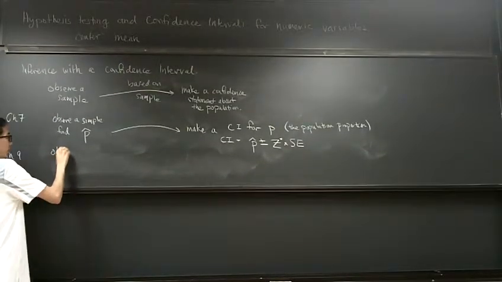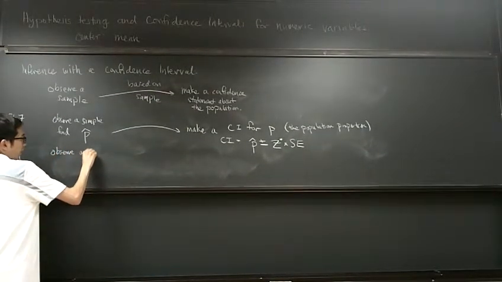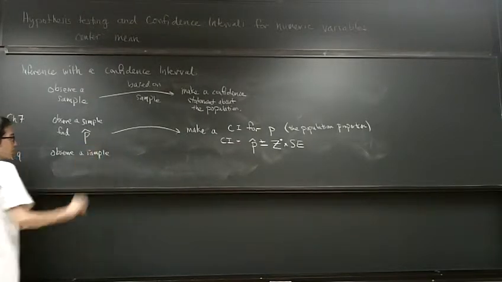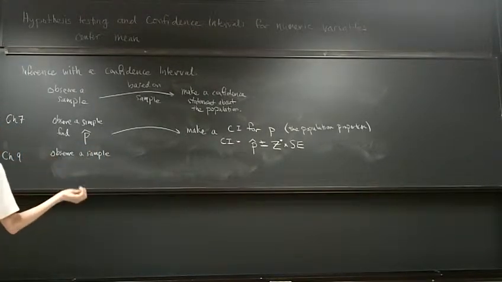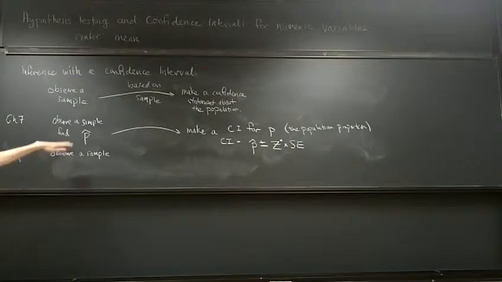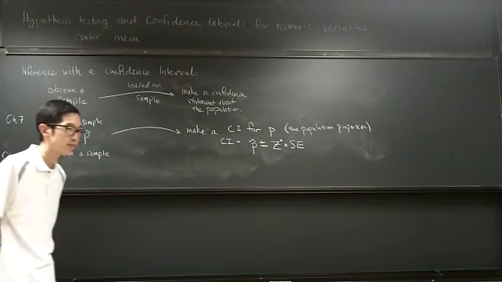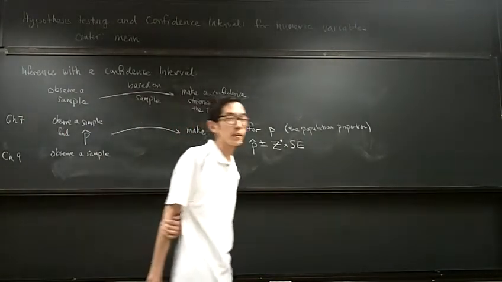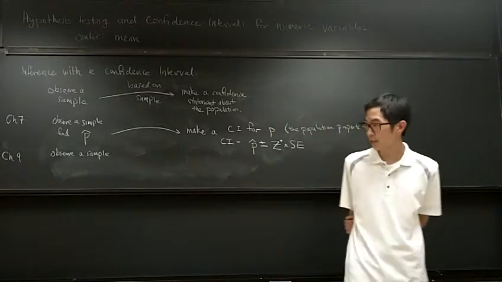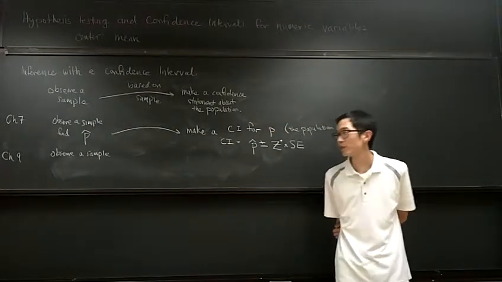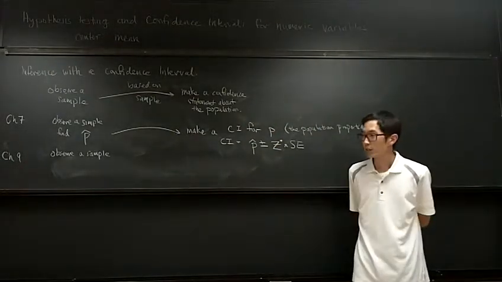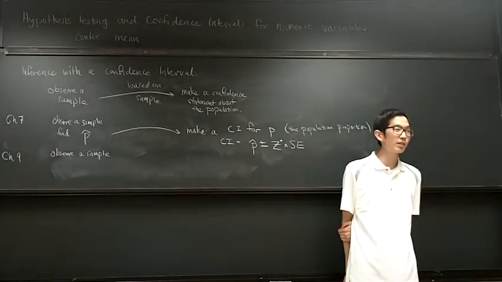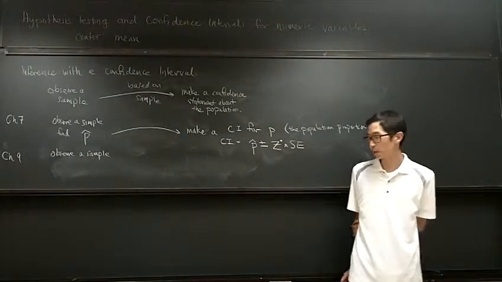Okay, so today, with chapter 9, similar process. We observe a sample. This time it's for a numeric variable. So instead of finding p hat, what do you think we're going to find? No. P hat is the sample proportion. So when we're dealing with a numeric variable, we can't find a sample proportion, right?